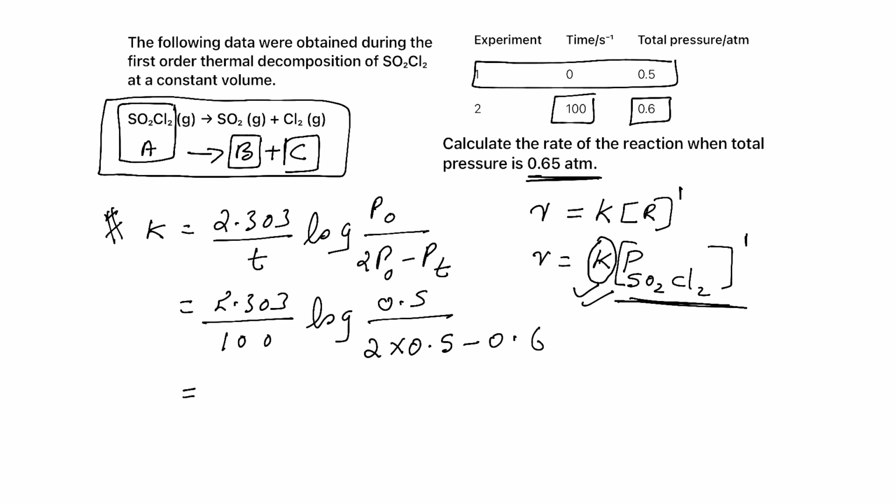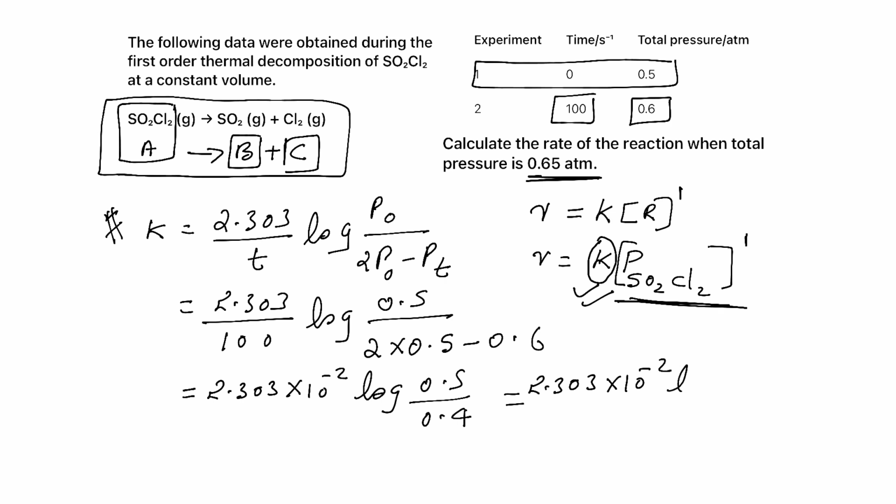On calculating, you will get 2.303 into 10 raised to minus 2 log 0.5 by 2 into 0.5 minus 0.6, means 1 minus 0.6, that is 0.4.